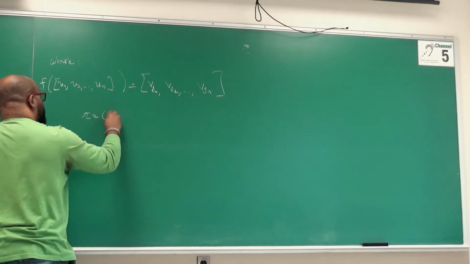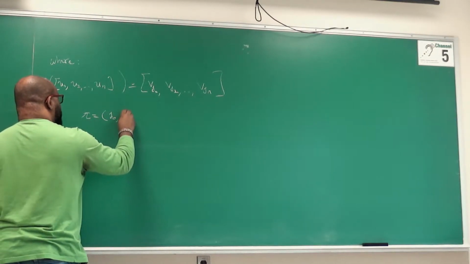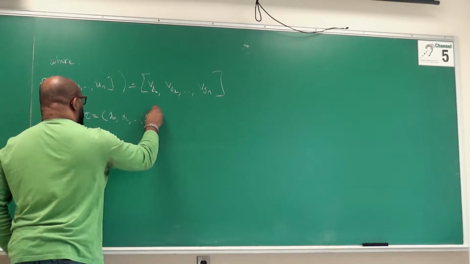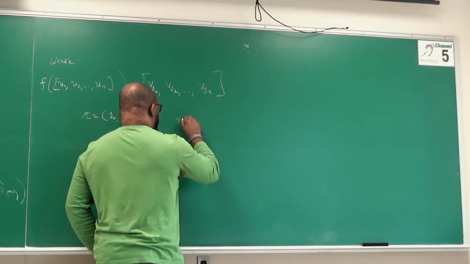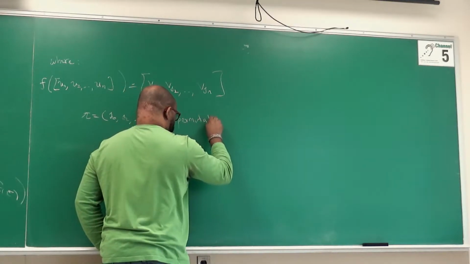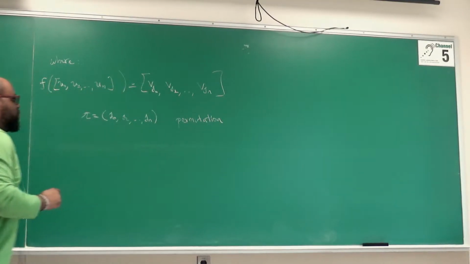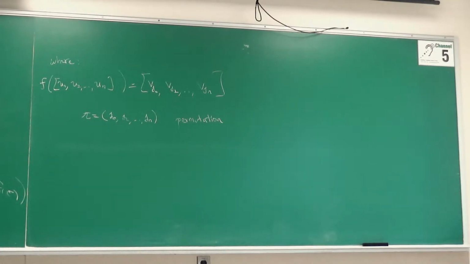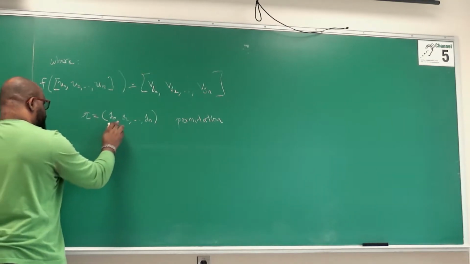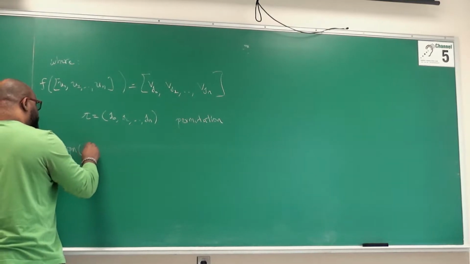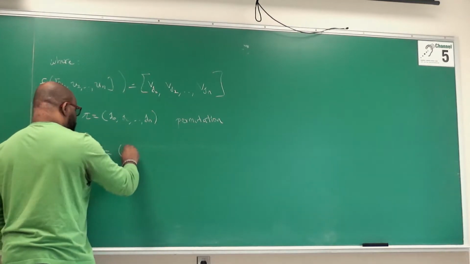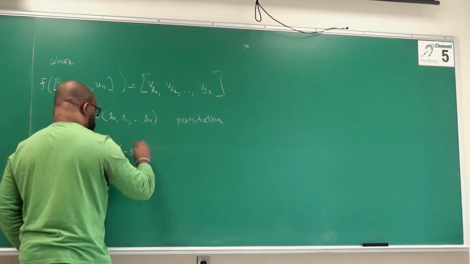Pi is the collection of indices, and this is seen as a permutation. And then the sign of pi as a permutation is -1 to the number of inversions.